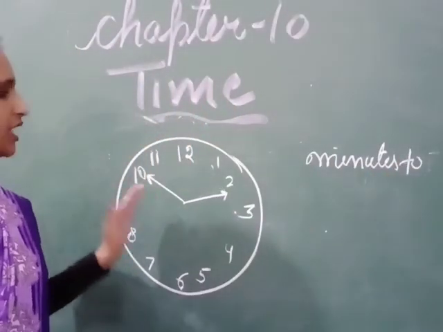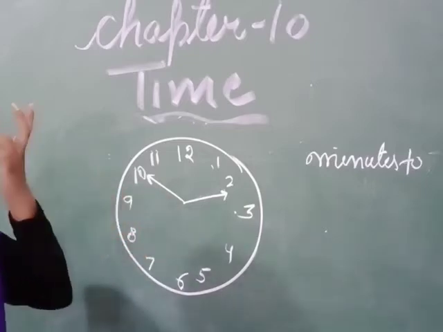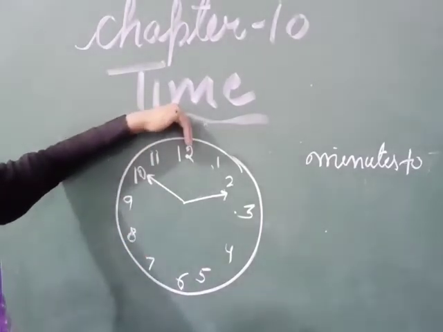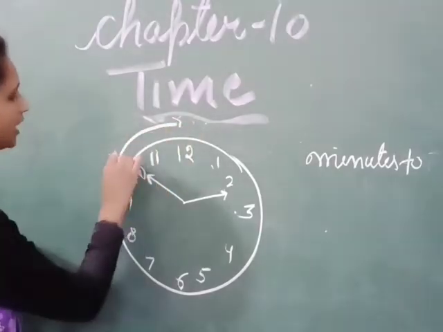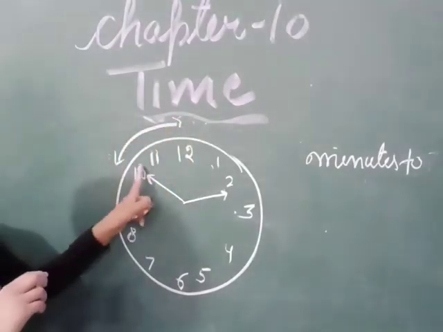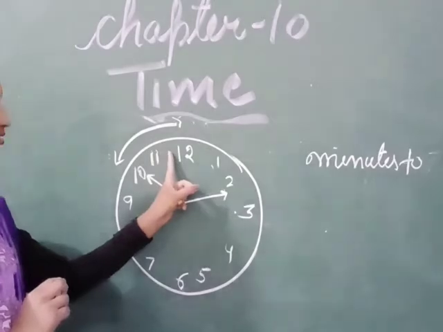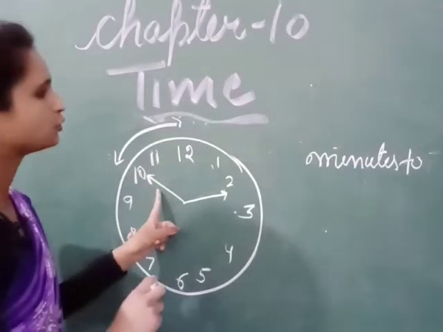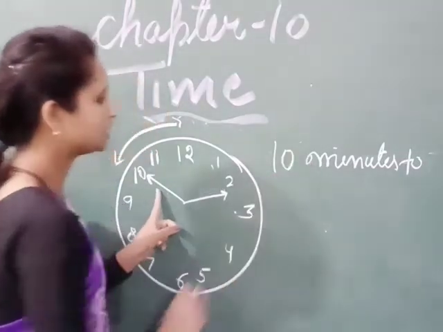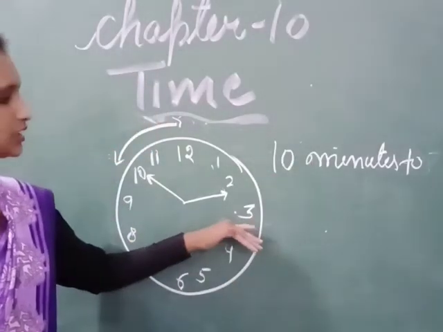For this, we have to look from 10 to 12, how many minutes are there? We start with 5, 5 plus 5, 10. Okay, 10 minutes are there. So we have to write here 10 minutes to 3.